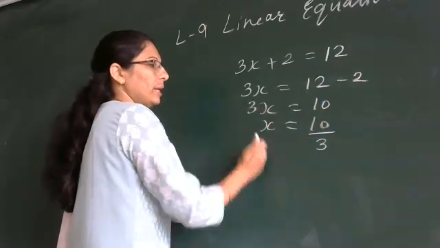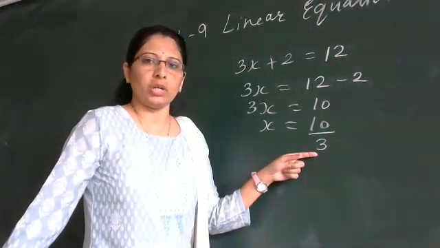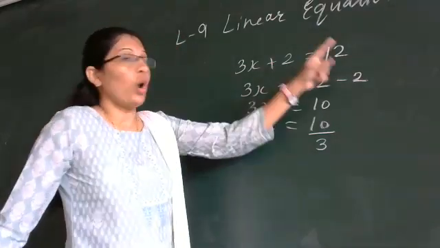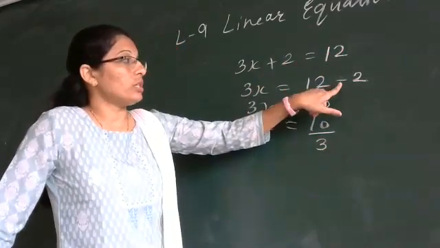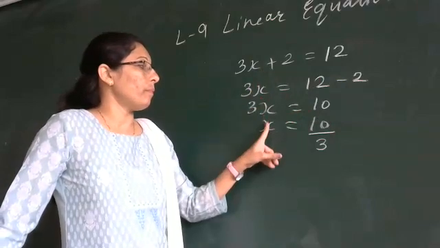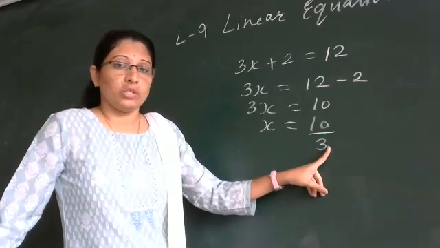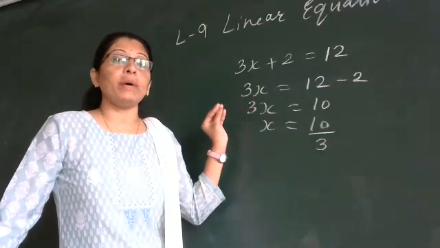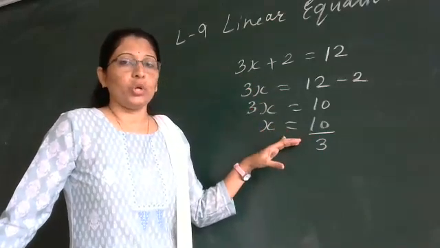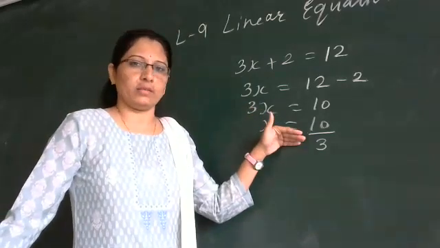This multiply is there; when we take it to the other side, it becomes division. So to find the value of x, what did we use? We used subtraction, and here multiplication and here division. This is just an example of how we can solve an equation. Okay, so solving an equation is finding the value of x.